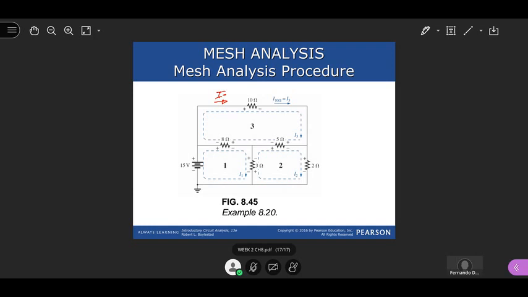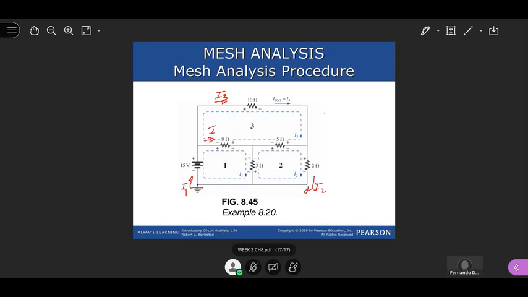Why this is small? Okay. I3. Now you will have a current here. Let's call this I2. You have a current here. Let's call this I1, right? You're going to have a current here.